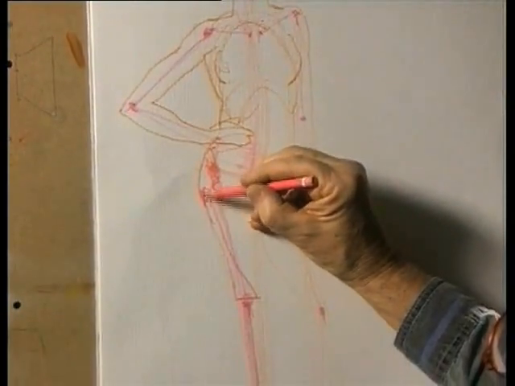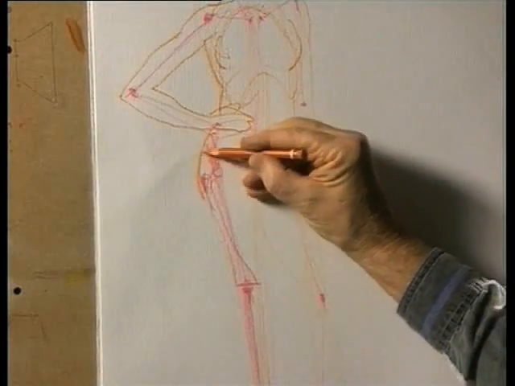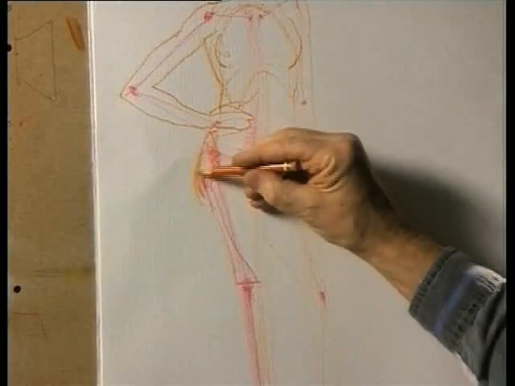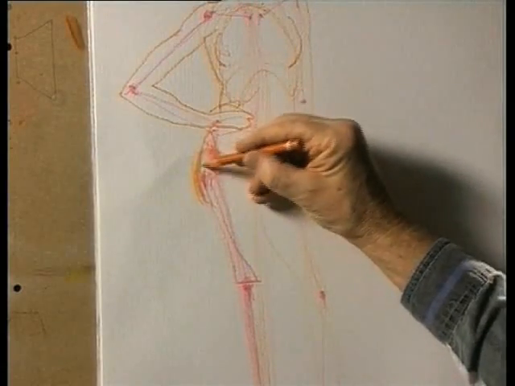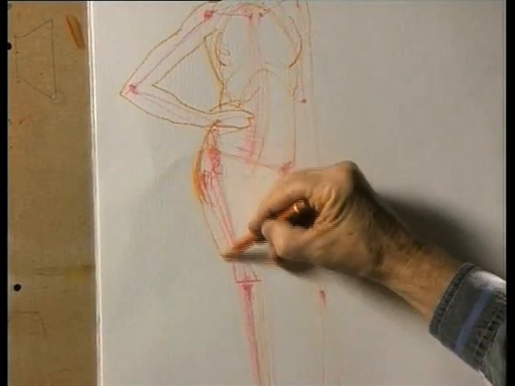Now this makes another little protuberance. It's not always too easy to see, but it does cause the hip to be wider often at that point than it is actually at the top of the pelvis. So that makes that shape.